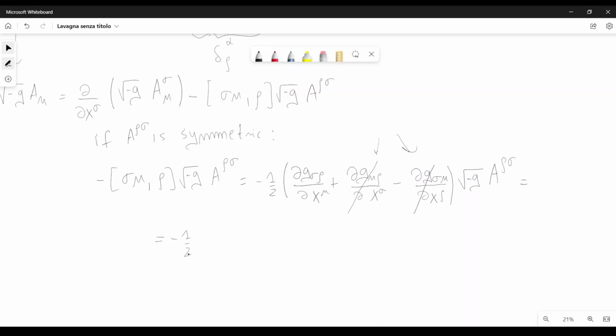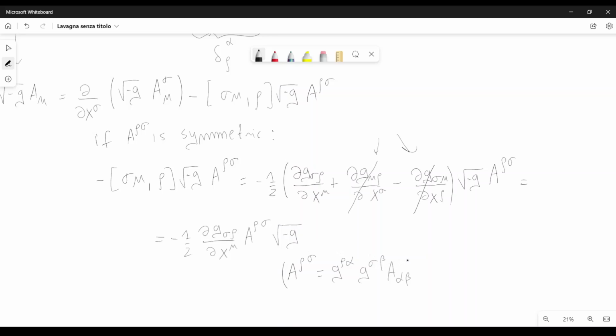minus 1/2 derivative of g sigma rho with respect to x mu, a rho sigma times square root of minus g. Now we can also rewrite this term in another way. In particular, we are going to substitute a rho sigma equal to g rho alpha g sigma beta a alpha beta.